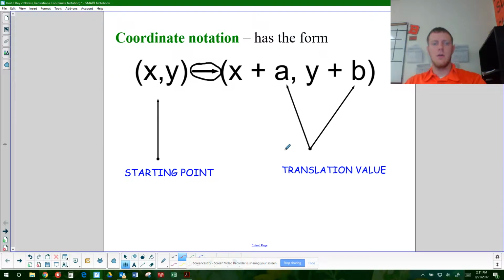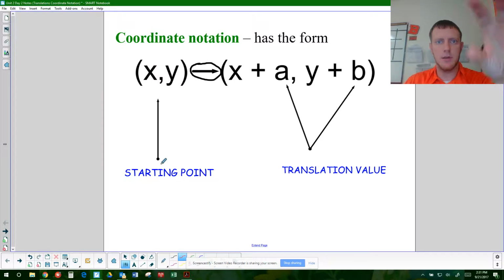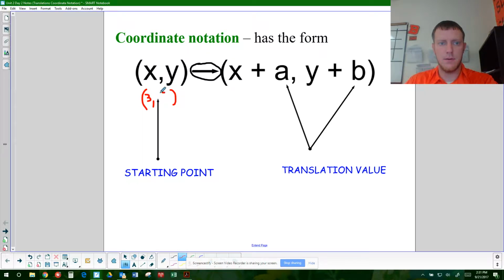So the x and y, that's the point that you start at. So all those points we were doing a second ago when we were moving it on the graph, those would go here. So let's say my first point was (3, 5). Kind of small there, sorry.